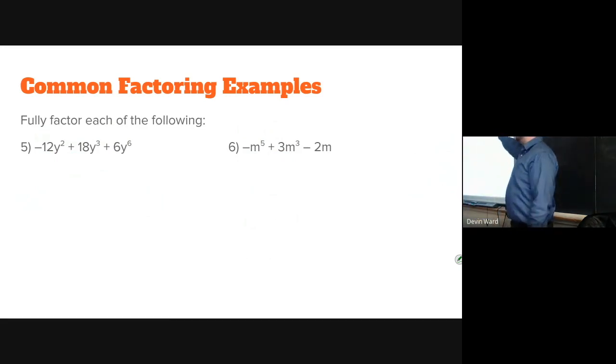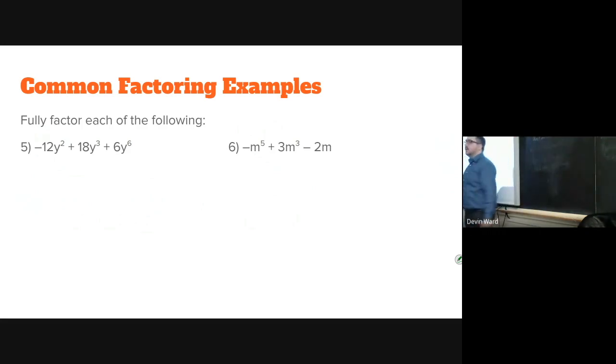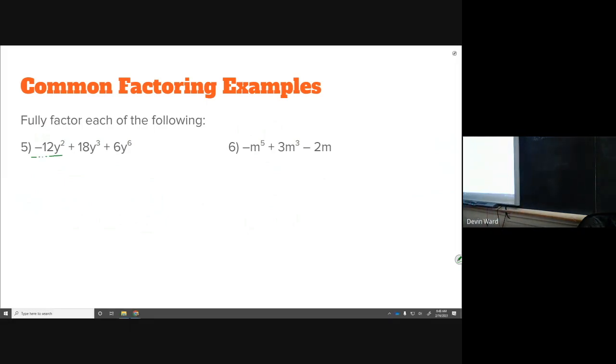Okay, number 5, negative 12y squared plus 18y cubed plus 6y to the power of 6. First, look for, is there a common number? 6, good. Because we can divide 12 by 6, we can divide 18 by 6, and we can divide 6 by 6.